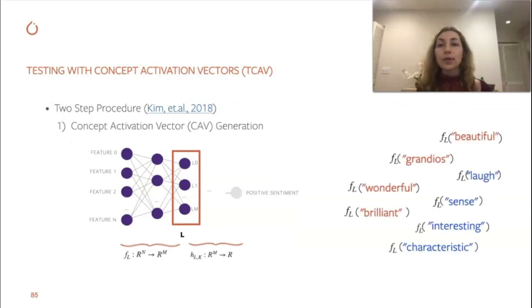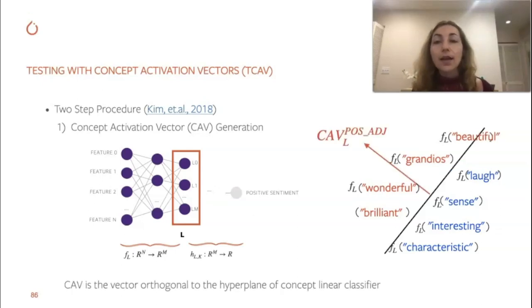In order to compute concept activation vectors, let's first compute the activations for all concepts that we have in the given layer L. In this case, let's compute activations both for positive adjectives and neutral terms concepts using the f_L function. Now let's train a linear classifier that helps us to distinguish between those two classes of concepts, positive adjectives and neutral terms. The concept activation vector, also known as CAV, represents the vector that is orthogonal to the hyperplane that separates those two classes.